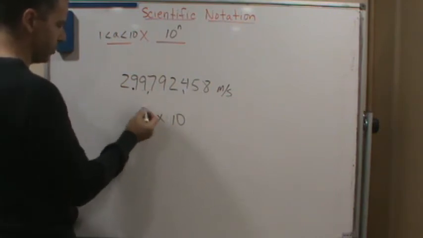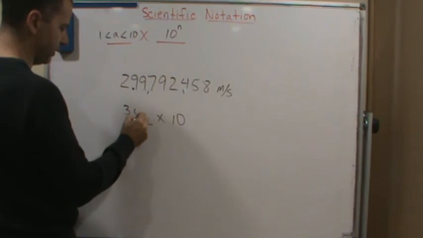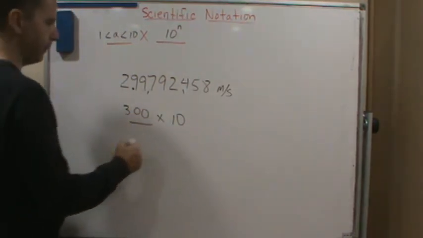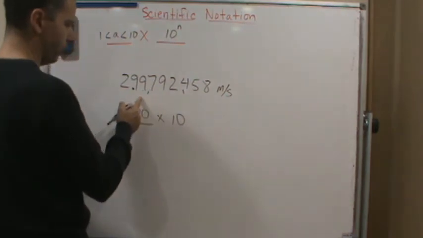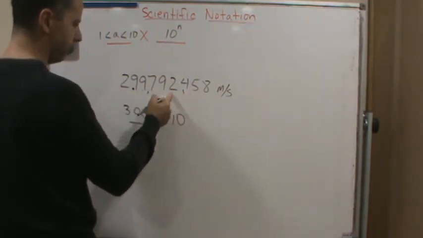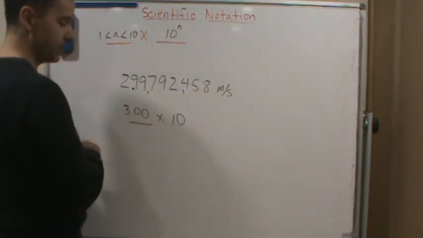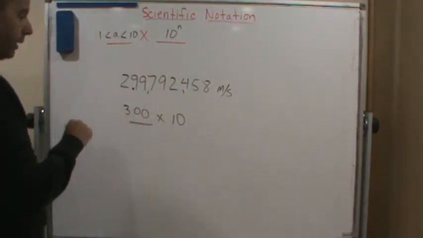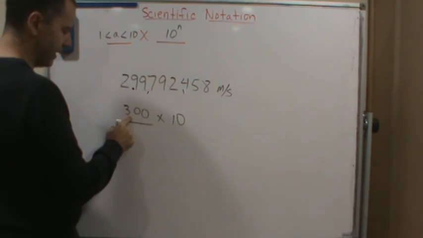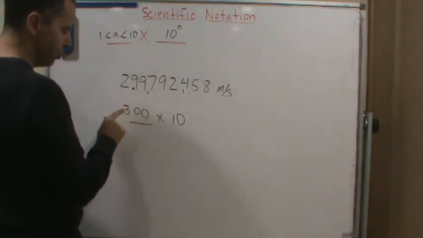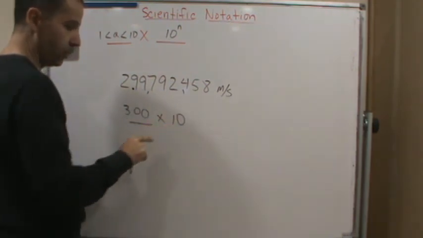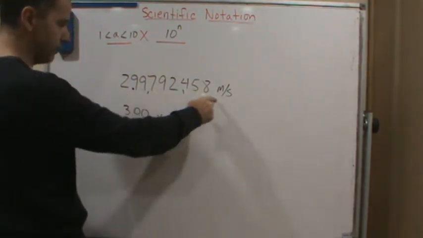So if I put the decimal point there and round to 2 decimal places, it's going to be 3.00. Now, how many decimal places did I move? I moved 8 places to the left. That means I have to move 8 decimal places to the right in order to get the same number.